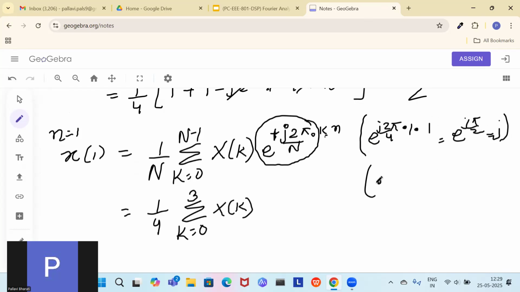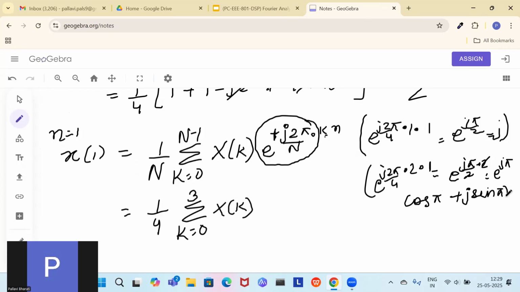If you take e to the power j 2 pi by 4 into k, if you are taking k as 2 and n is 1, that time it is going to come e to the power j pi by 2 into 2. This is going to be e to the power j pi. Now e to the power j pi will be what? Cos pi plus j sin pi.